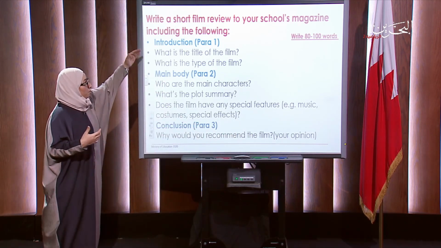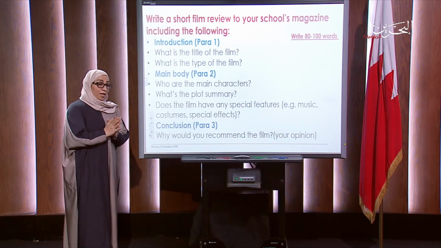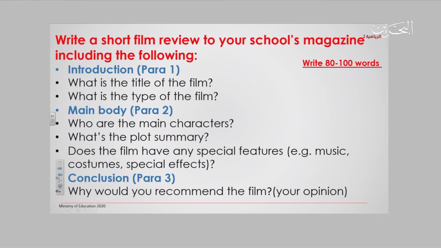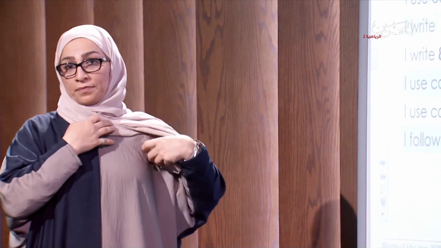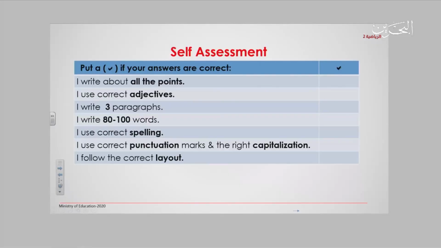These are the main parts you may have in your film review. You can go back to the slides or you can remember the practice we had together. And also you can assess your work, self-assessment. You have to follow this assessment table. I write about all the points.